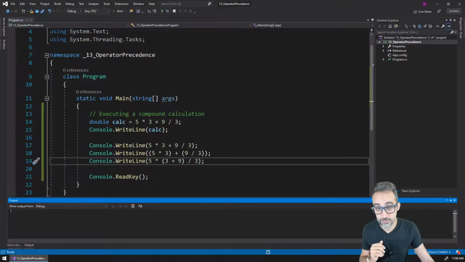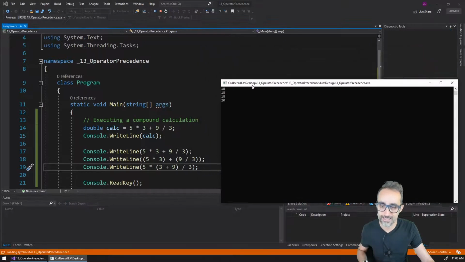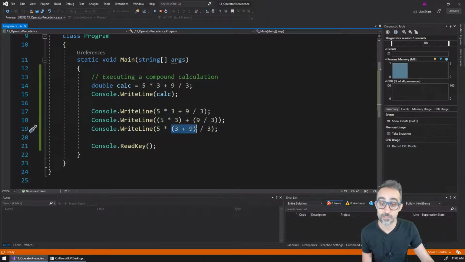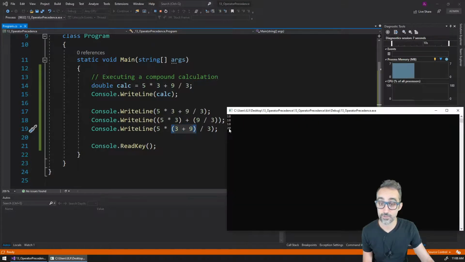Because if I run this, you can see that the result is going to be 18 for the first 3 operations, but it becomes 20, which is the result of this last line of code here.